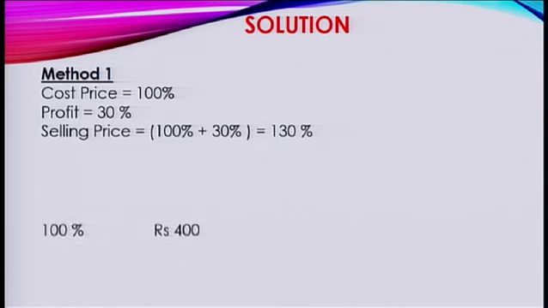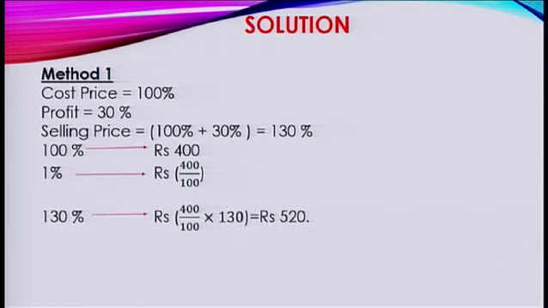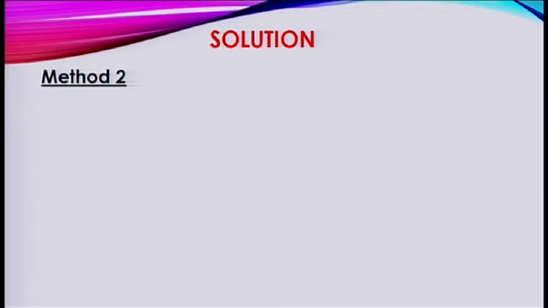So 100% is 400 rupees, right? 1% is 400 divided by 100. And for 130%, that will be 400 divided by 100 times 130, which is 520 rupees. So the selling price of the bag is 520 rupees.